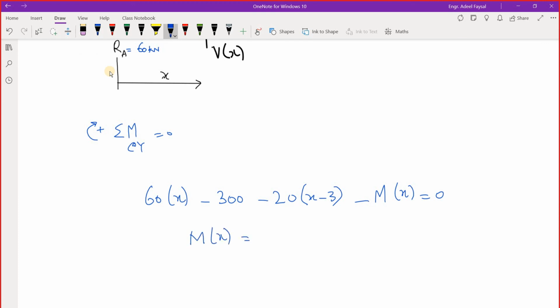So mx is equal to 60x minus 300 minus 20x plus 60. So this becomes 40x minus 240. That's right. mx.